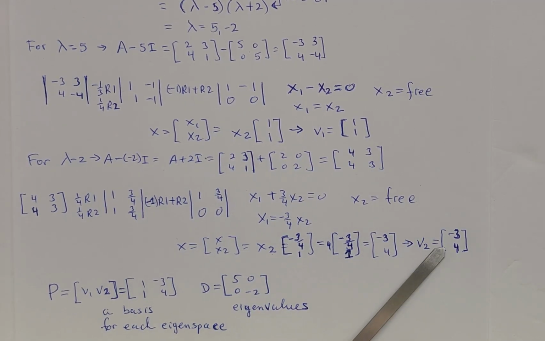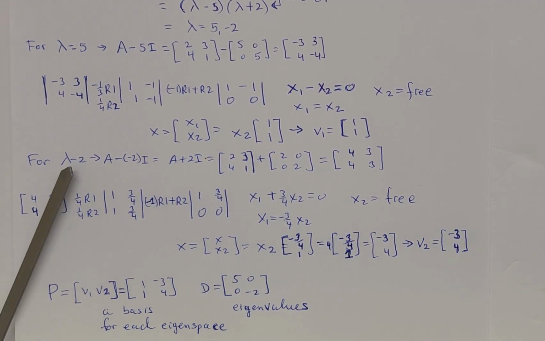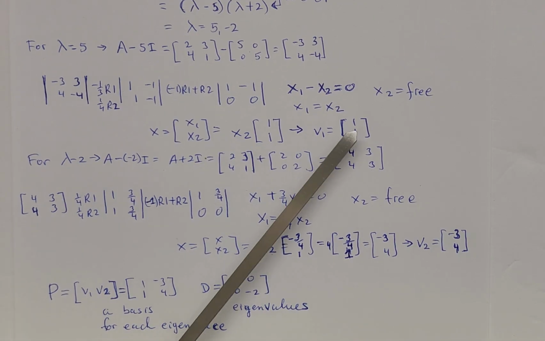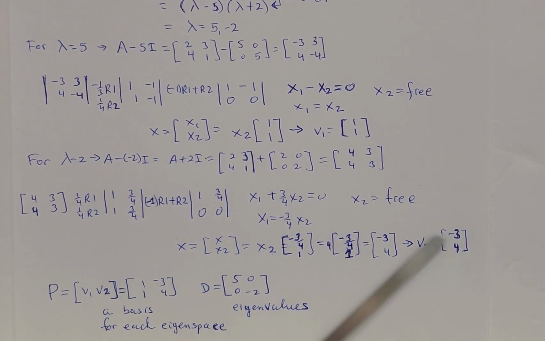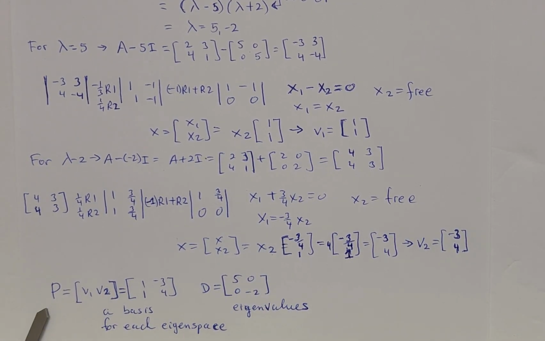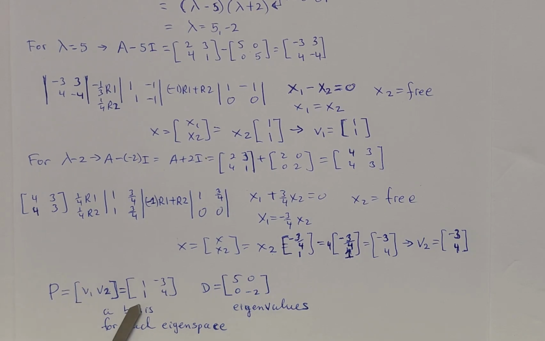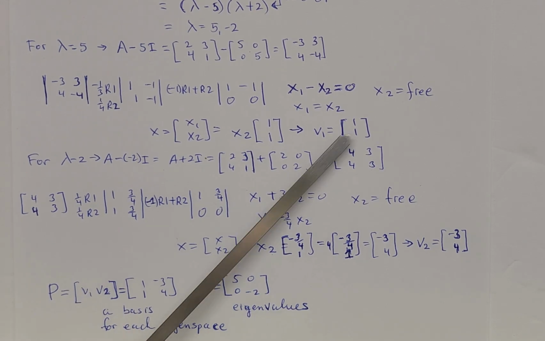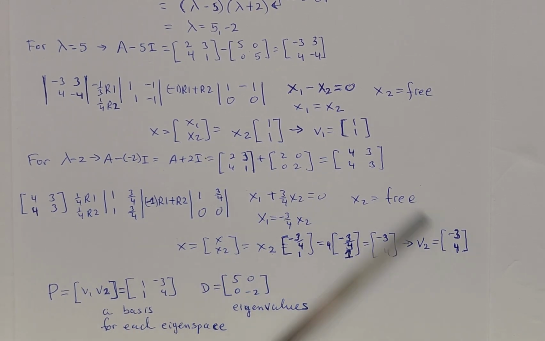This is the second vector which belongs to lambda -2. Put these two bases together, which will give me my P matrix. One more time, put these two vectors or bases together, which will give me my P matrix.